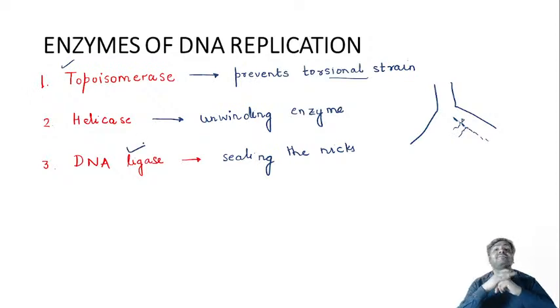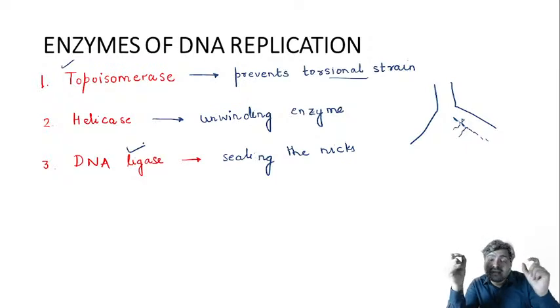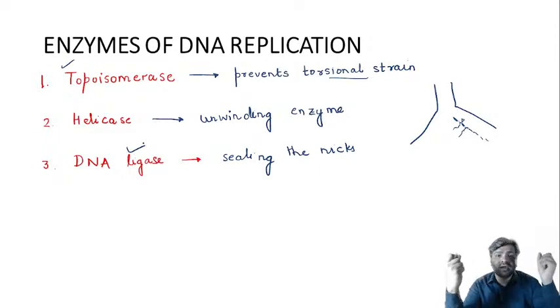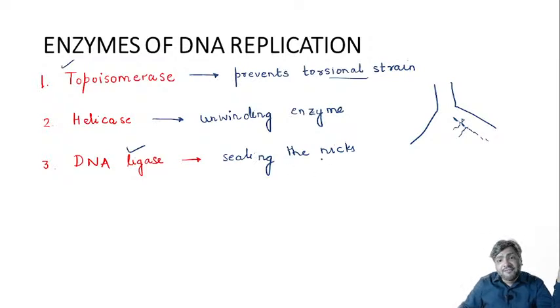So DNA ligase is like a Fevicol. It helps in sticking all the pieces of the newly synthesized DNA, the Okazaki fragments, together. That's why we say it is the Fevicol of molecular biology.